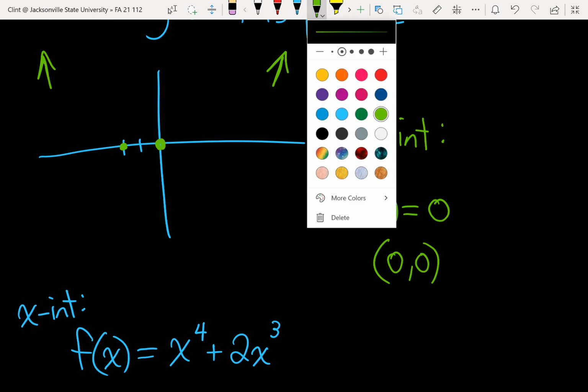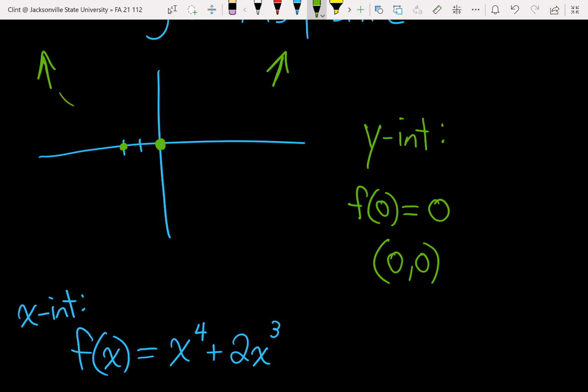So our graph's going to look something like that. I got a little floppy there. Something along those lines. My scale's a little weird, probably.